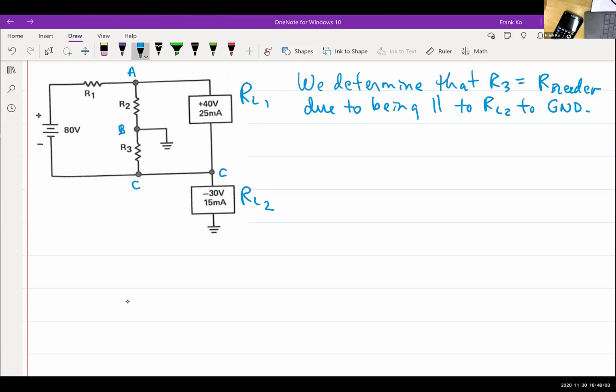Yes. And are they both connected to ground? Therefore, is R3 parallel with RL2? R3 is in parallel with RL2. So R3 equals bleeder resistor.